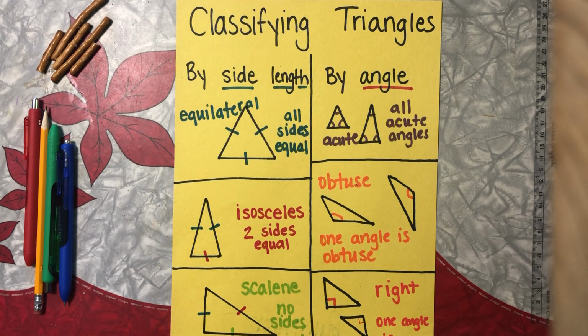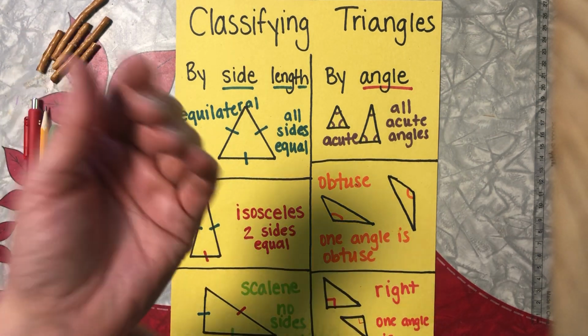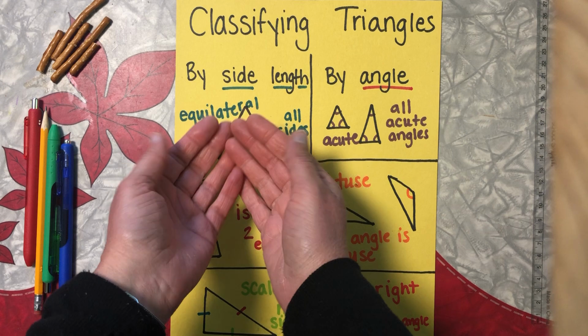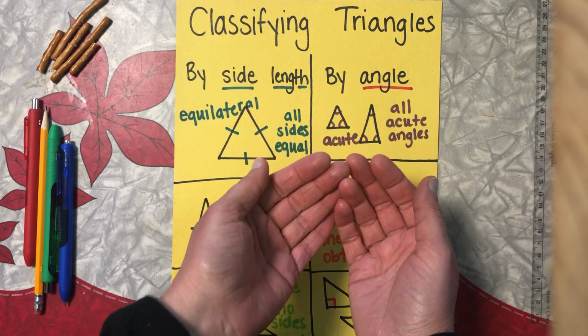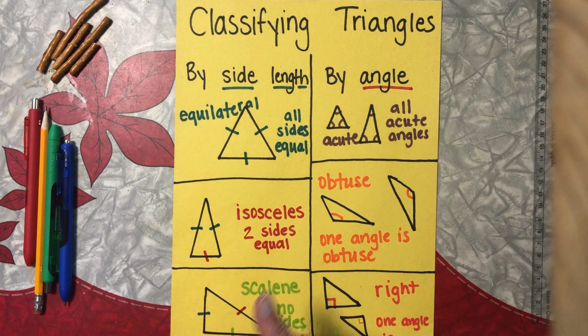Remember that all triangles have two names. Usually, we see the side length name first and then the angle type. But today we're going to see an angle name first and then the side length. It really doesn't matter. I know that if somebody writes my name down as Sarah Isley, that's me. Or if they write it down as Isley, Sarah, that's still me.